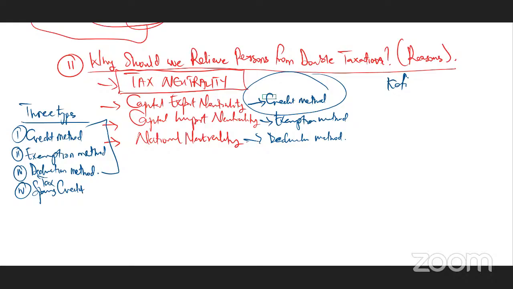Let's see. Assuming Kofi, we know that Kofi went to the UK. How much did he earn? He earned business income of £100,000, right? So let's see. And then he paid tax in the UK at 20%, not so? So we said he paid tax of 20,000.